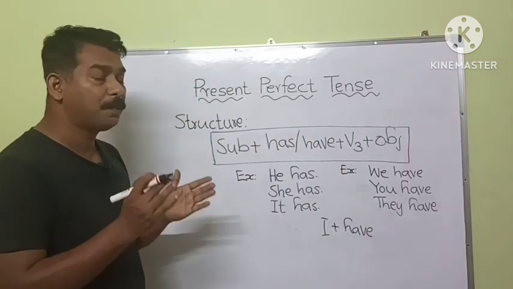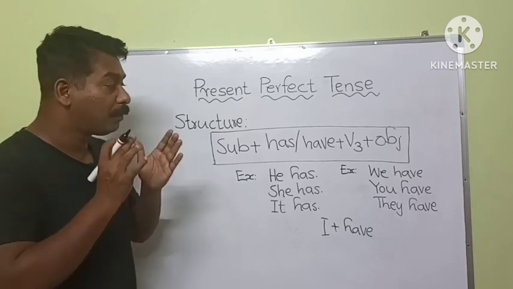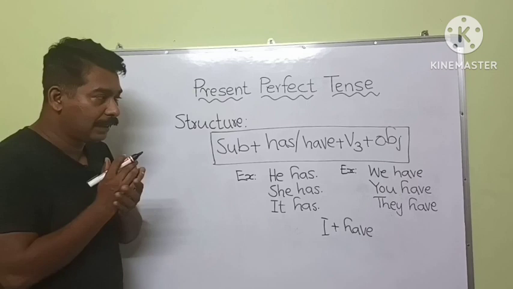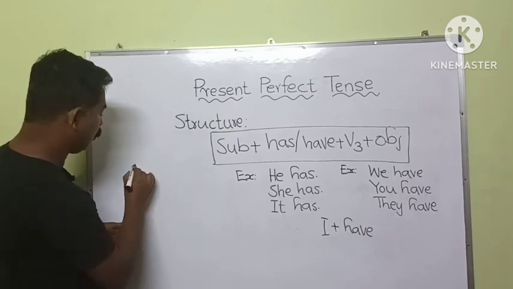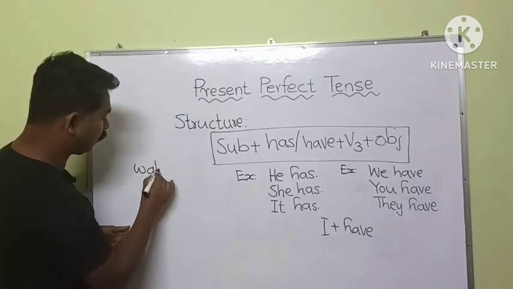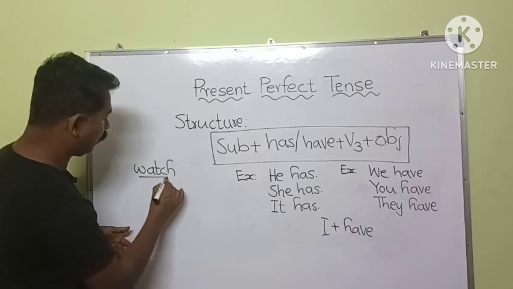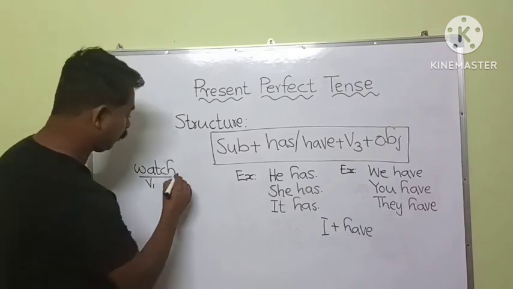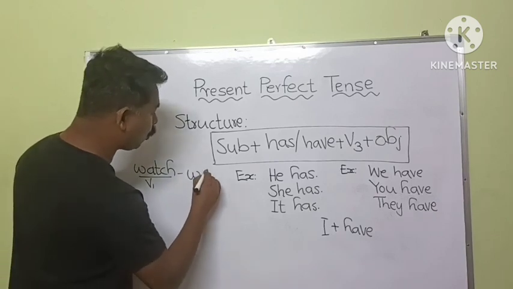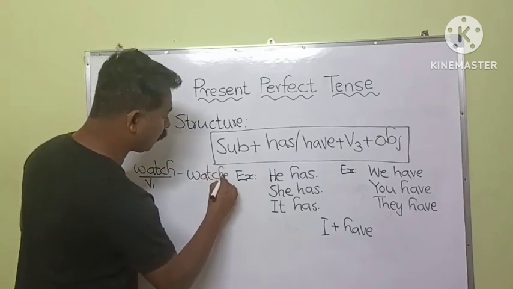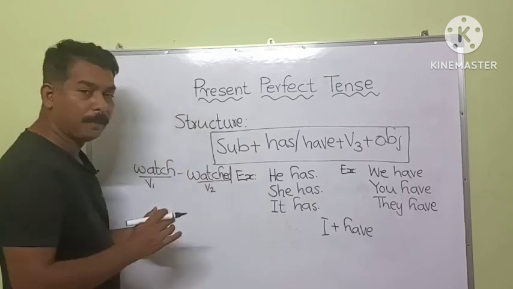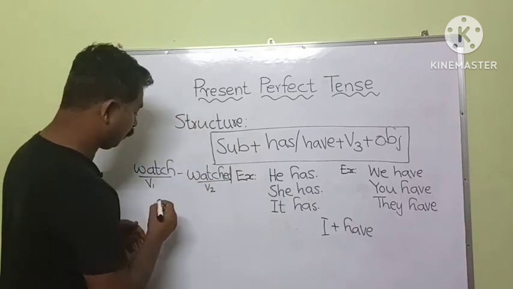V3 or past participle form of the verb must be used in the present perfect tense. We have an example: watch. V1 or present form of the verb. Watched, V2 or past form of the verb.